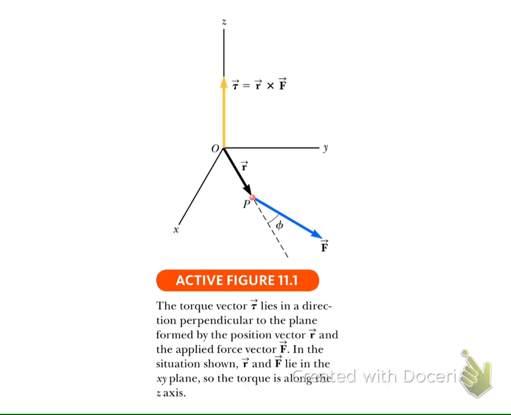Now, when we have the definition of the cross product, we will go back to the physics. That is, some physical quantities can be defined as a vector product or cross product. And in this chapter, we will focus on the physical property called torque.